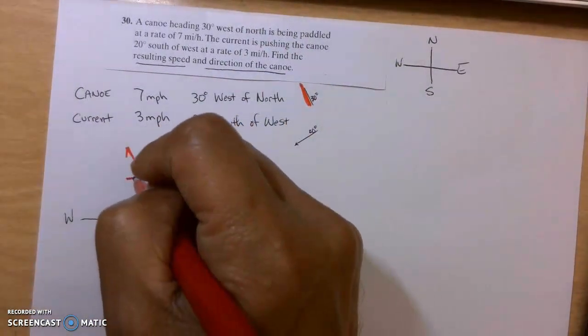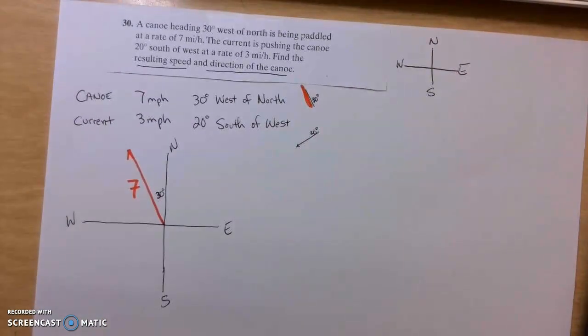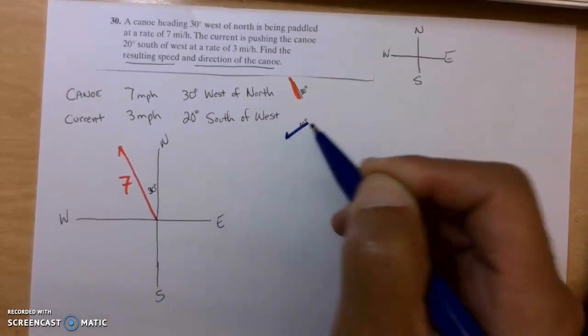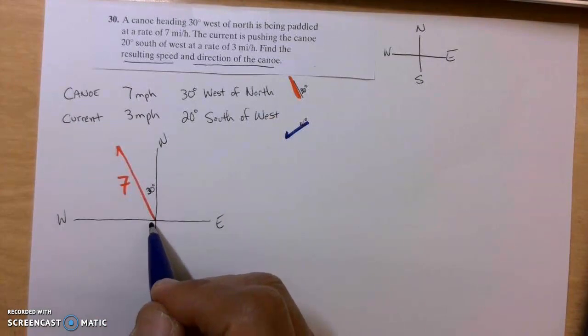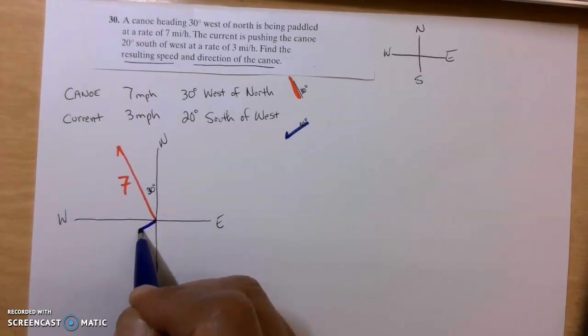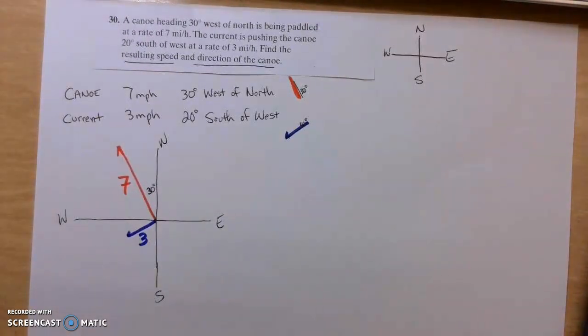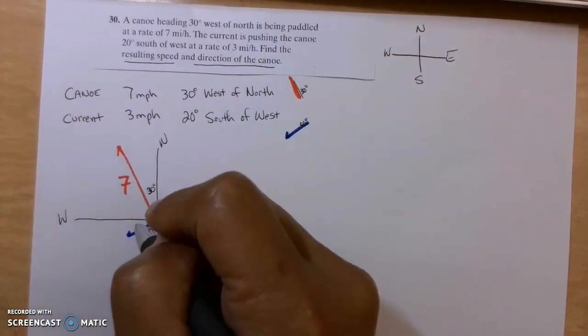And it is 7 miles per hour. That is the magnitude. I'm going to use blue here for the river current. And it is going like this. Not quite as long because it is going only 3 miles per hour. And it is 20 degrees south of the west line.